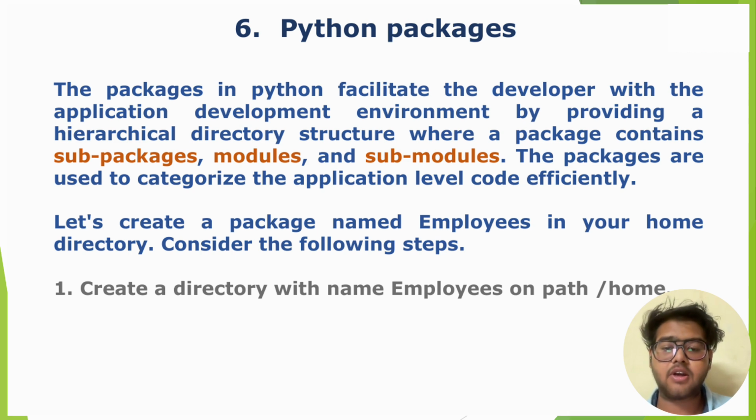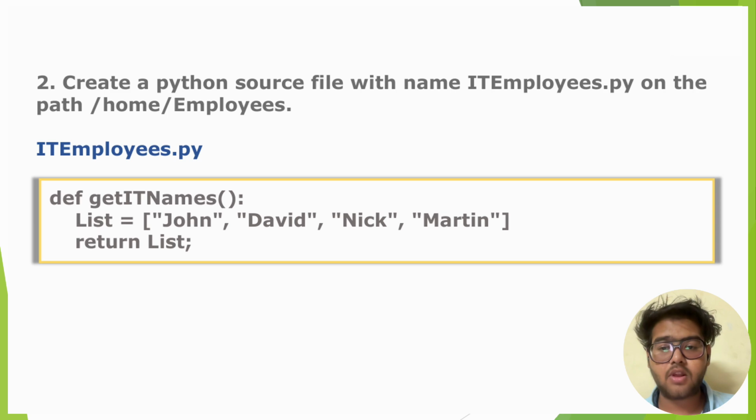Consider the following steps. First of all, we will create a directory with the name employees on the path home. Second step, create a Python source file with the name itemployees.py on the path home and employees directory. Then we will define the Python code in the itemployees.py file.